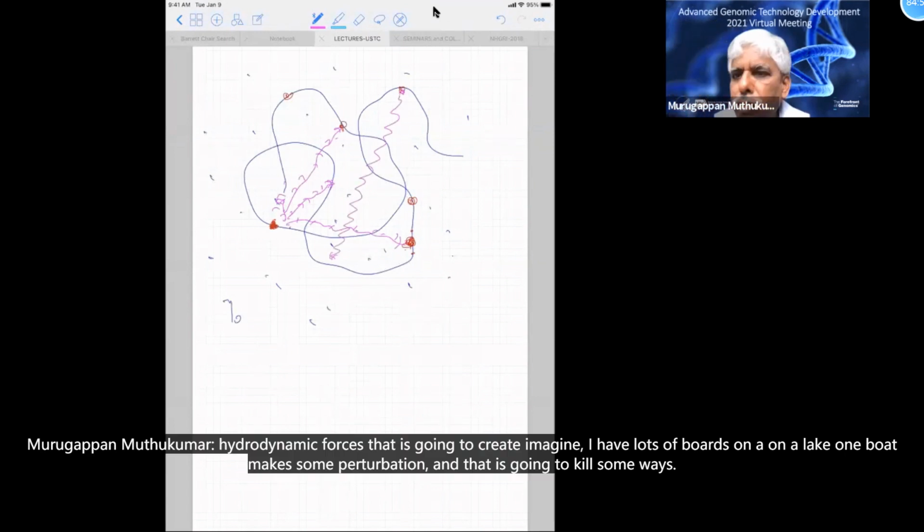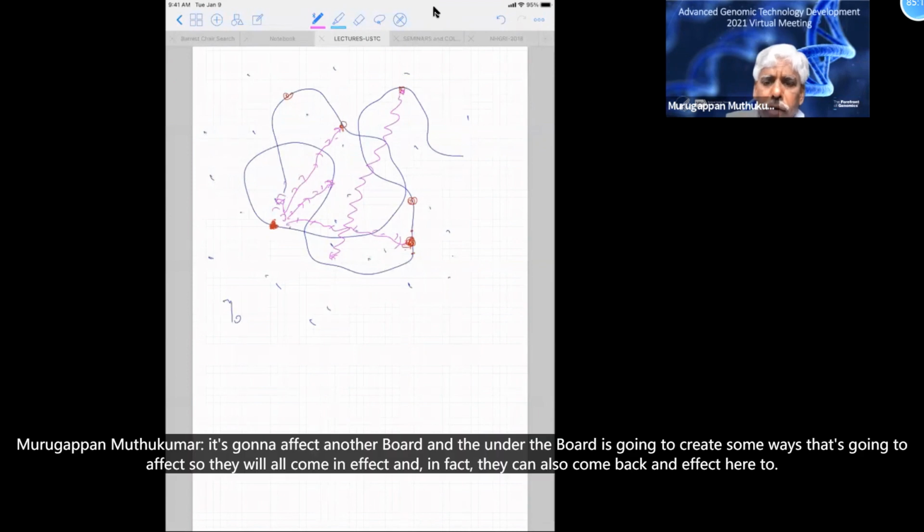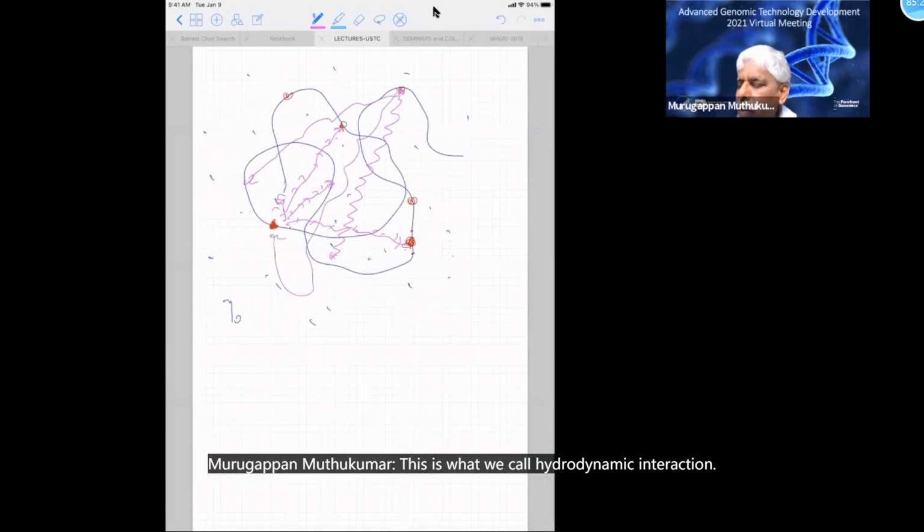Imagine I have lots of boats on a lake. One boat makes some perturbation, and that creates some waves. It's going to affect another boat, and that boat is going to create some waves. That's going to affect others. So they will all come and affect, and in fact, they can also come back and affect it here too. This is what we call hydrodynamic interaction.